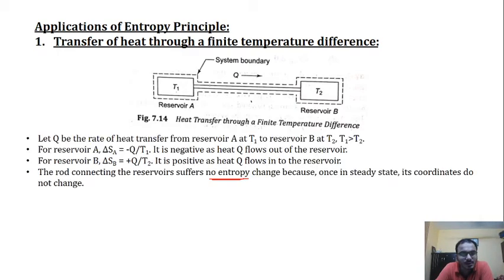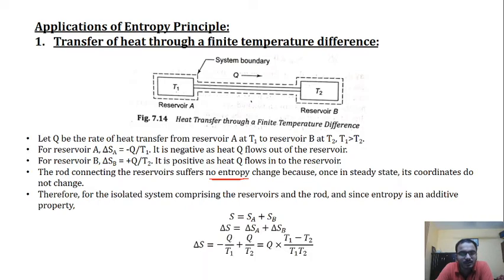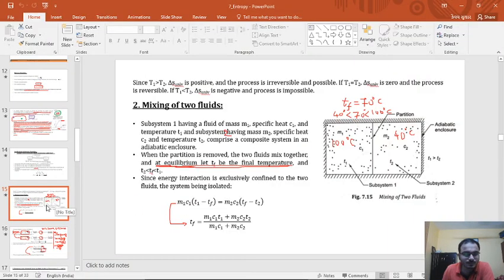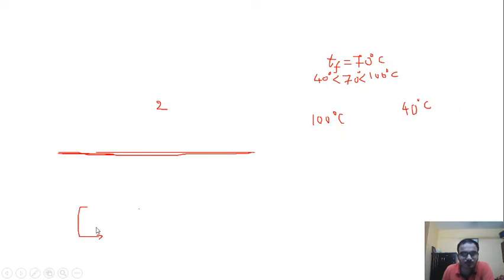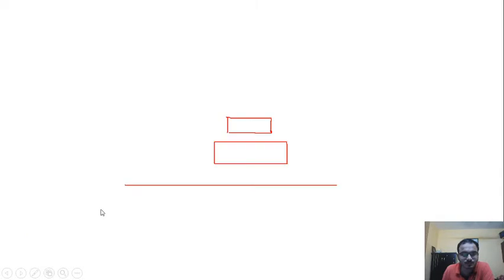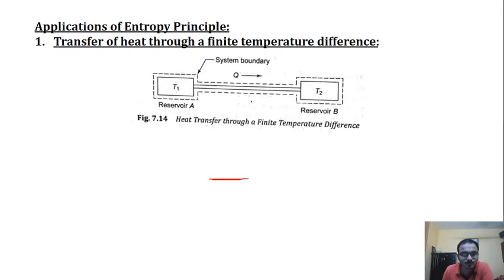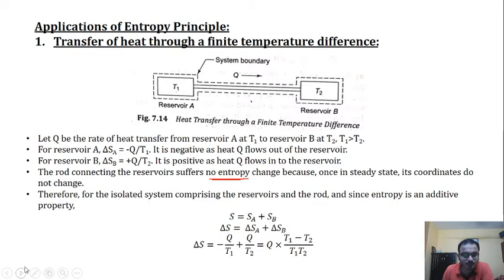Here, if we see, the total entropy change is given by this formula, that delta S is equal to Q into (T1 minus T2) divided by T1 T2.